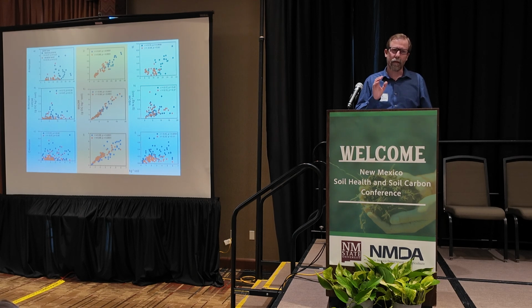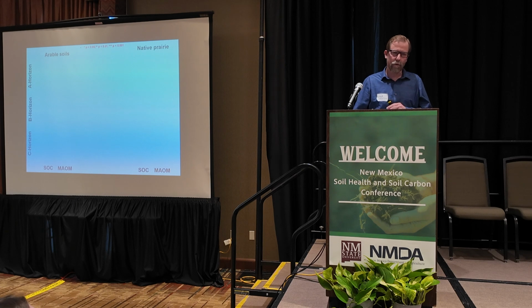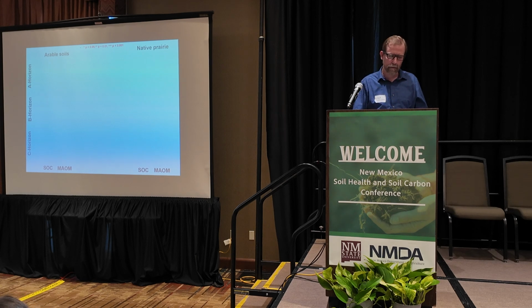So that's interesting because that's a back and forth relationship between bulk soil organic carbon and mineral associated organic carbon. So here we try to correlate this mineral associated organic matter and bulk soil organic matter with our mineral characteristics.